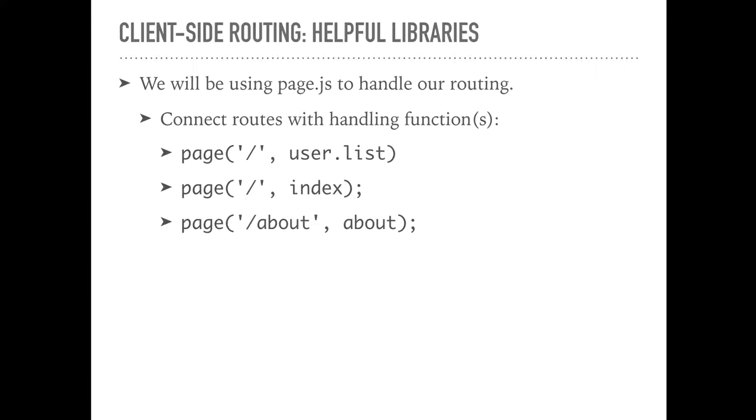The two base parameters are essentially the URL path or the endpoint, and then the actual method or function that you want to be invoked once that route, endpoint, or resource is hit in the URL.